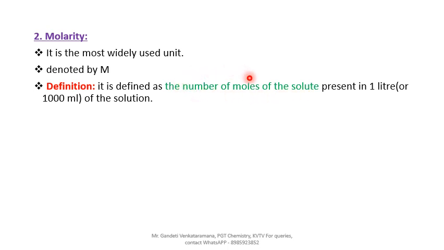Already you know how to calculate the number of moles of a substance. So the number of moles of the solute present in 1 liter or 1000 ml of the solution.